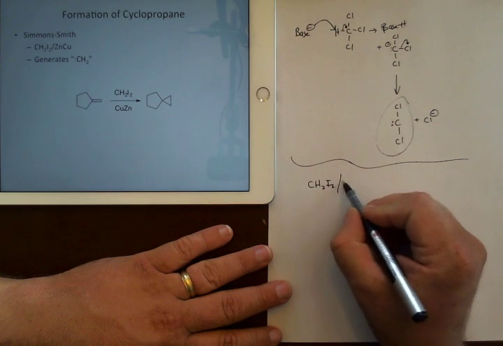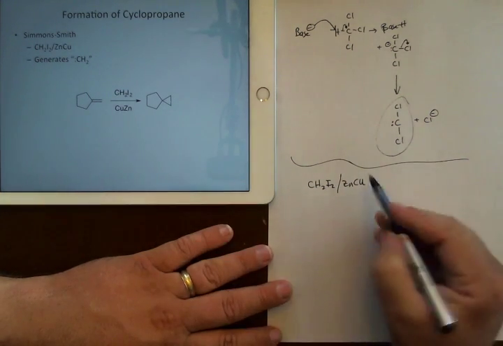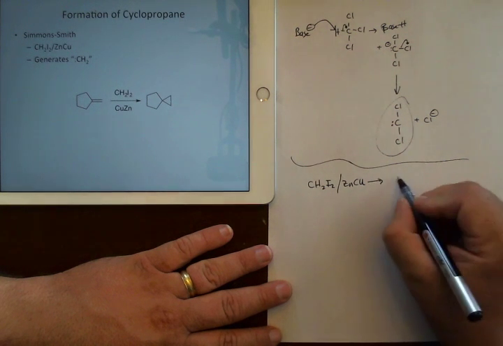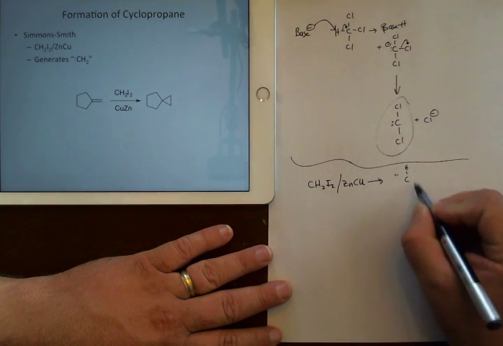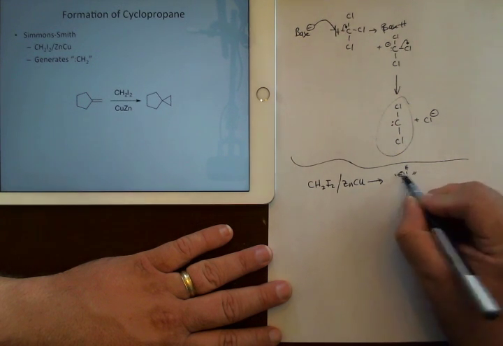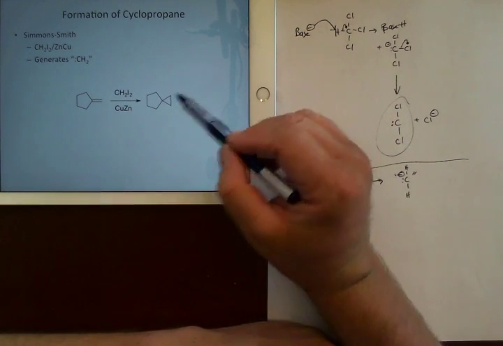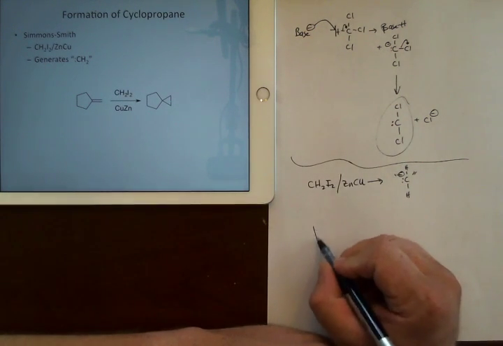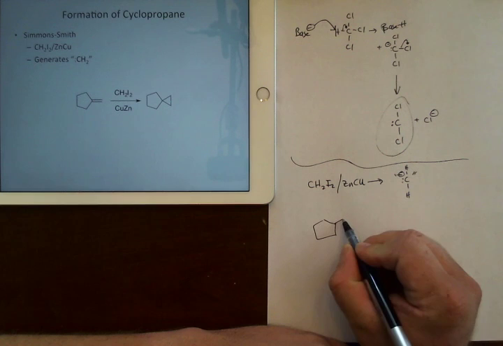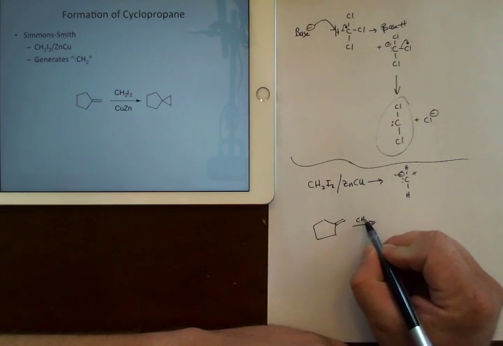And so you end up mixing it with zinc copper amalgam, and that generates in situ your carbene. It's kind of an odd reaction. It's beyond this course, but you end up making this carbene, and it reacts. But the nice thing is now you're just putting CH2, and so if you have this molecule here, you do your Simmons-Smith.